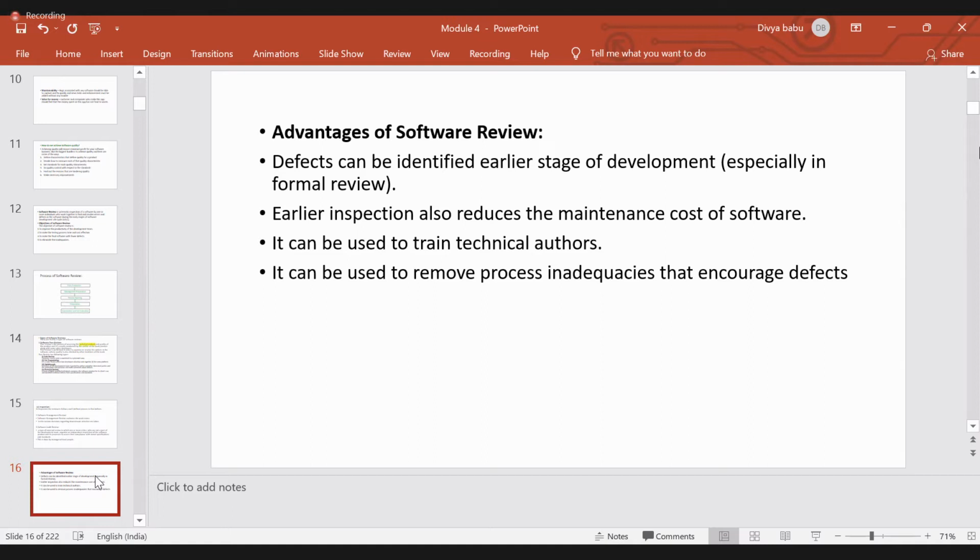From your past experience, you can learn many problem conditions, and you can use them in your coming projects. So the expert can always find errors or defects at a very early stage from experience.